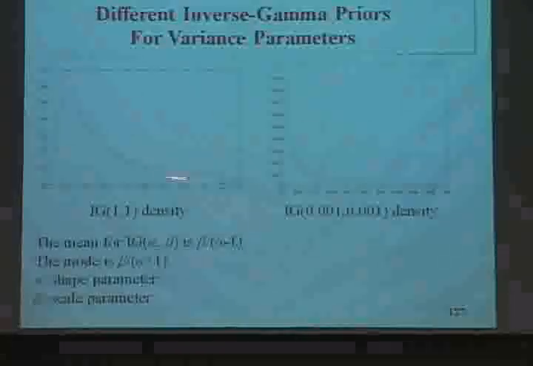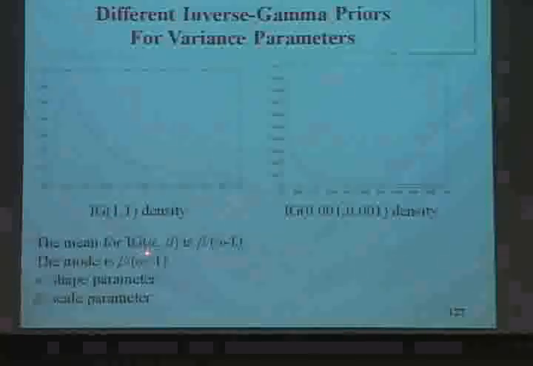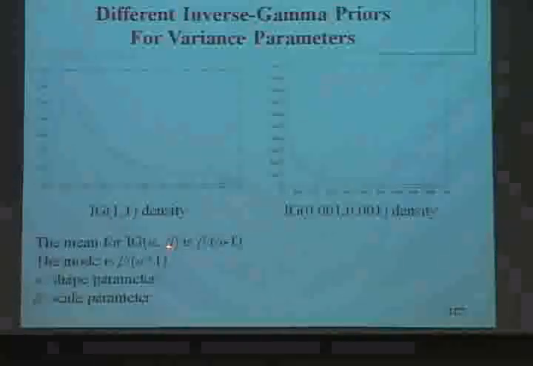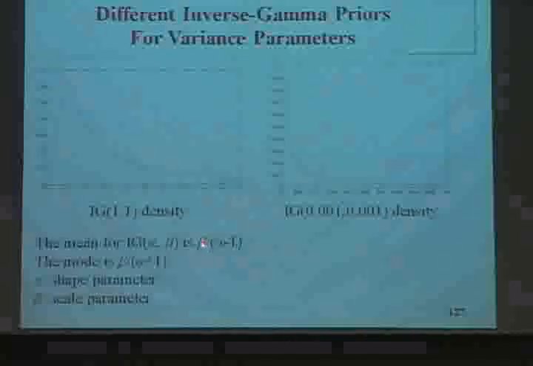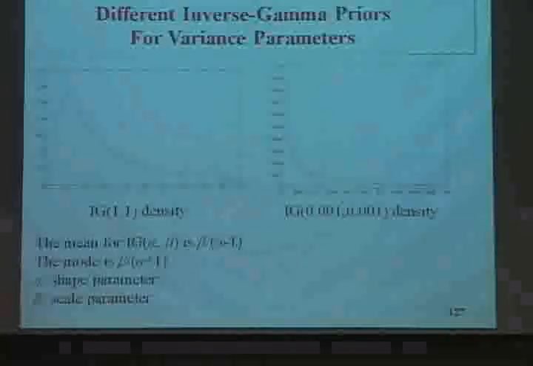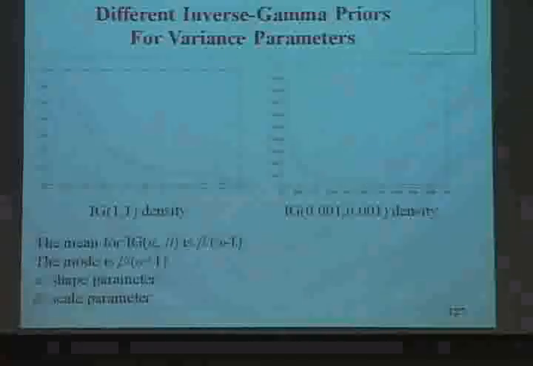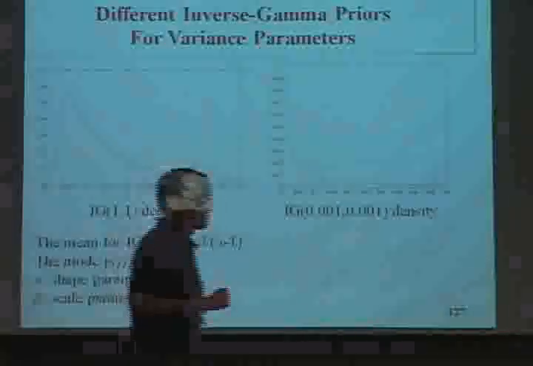Here's an inverse gamma 1,1 density, and the way you read this, inverse gamma with parameters alpha and beta, the mean is beta divided by alpha minus 1. The mode is this, where A is called the shape parameter and B the scale parameter. In our second paper, the so-called Bayes advantages paper, Bayes using latent variable models, we actually have an appendix that describes how to think about these priors.